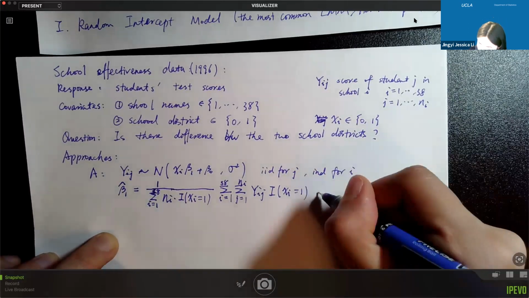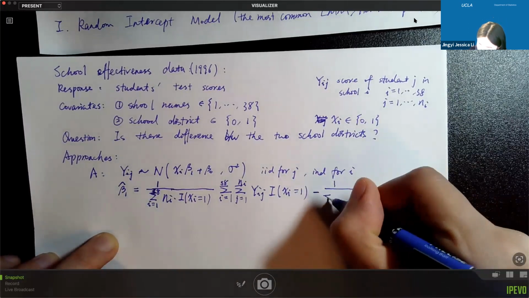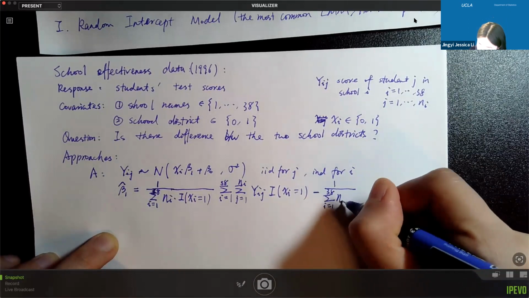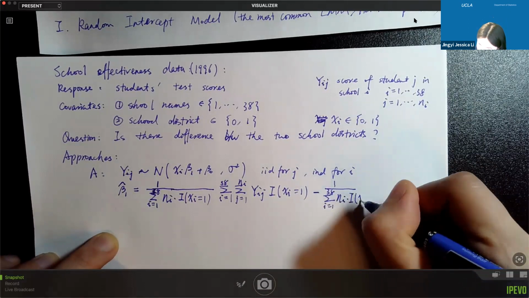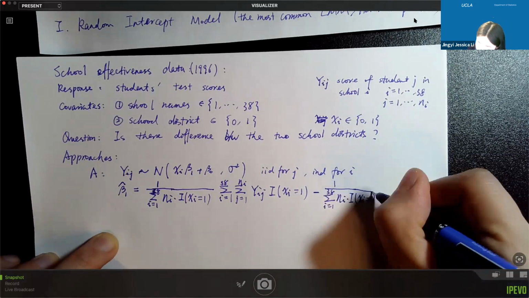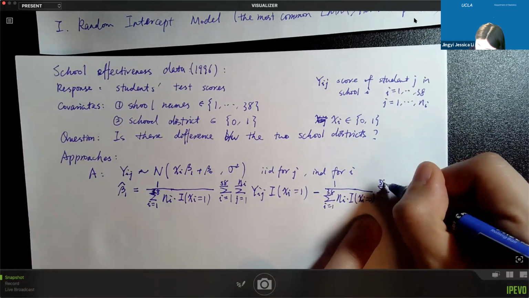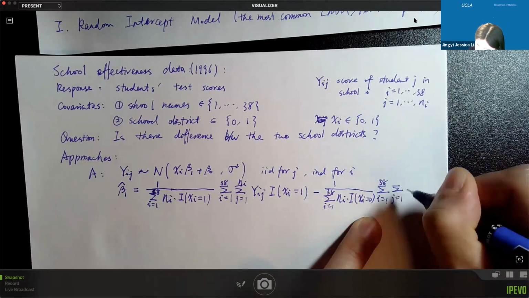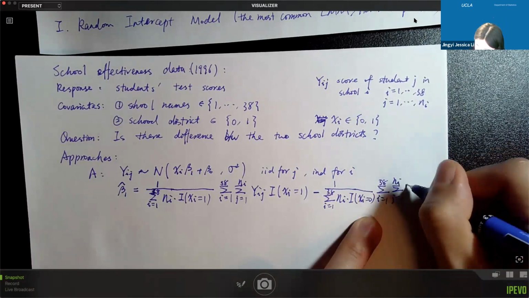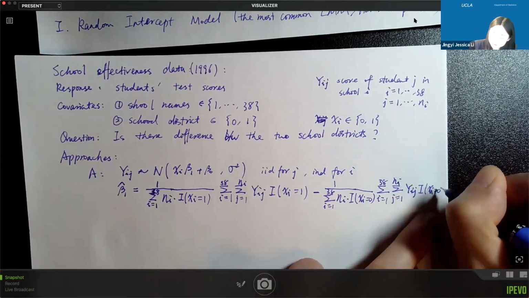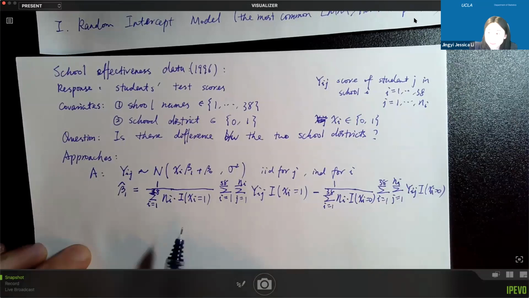Minus 1 over the summation, still i from 1 to 38, Ni times the indicator Xi equals 0. The second term can be written down similarly, with Xi equals 0. And I take the difference between the means. That will be beta 1 hat.